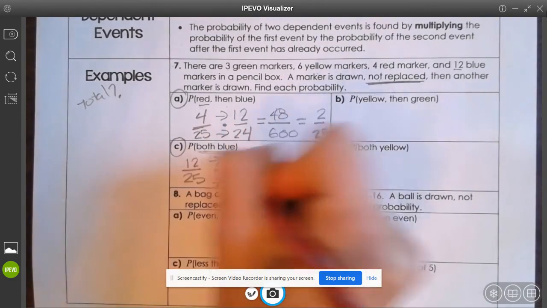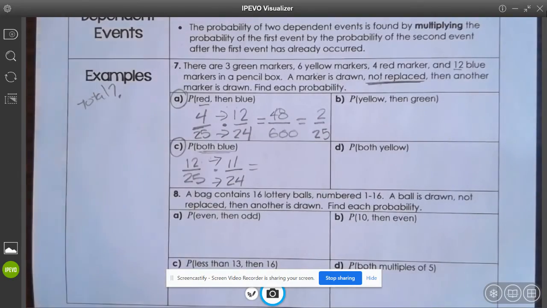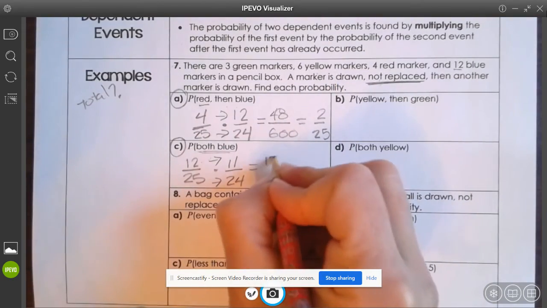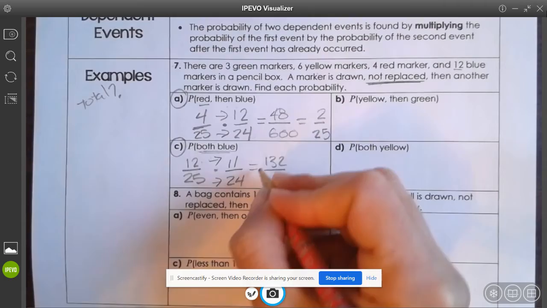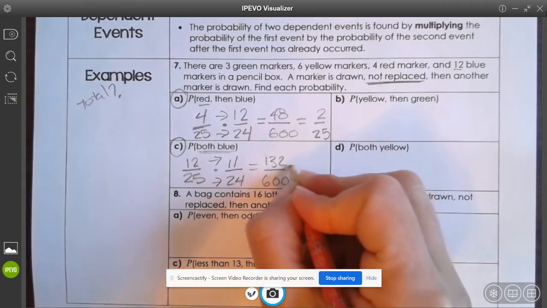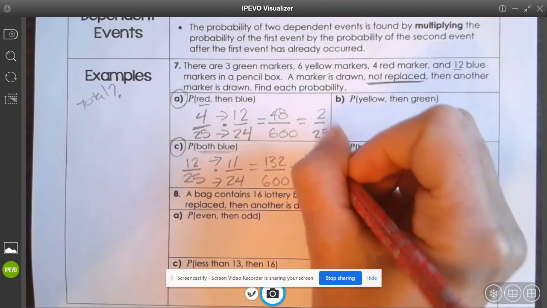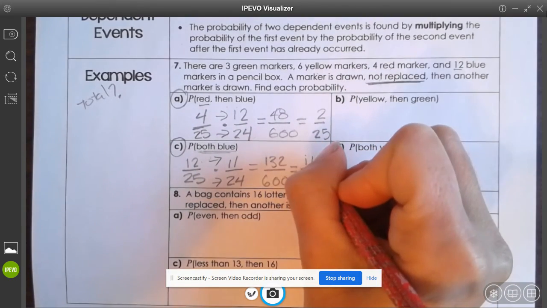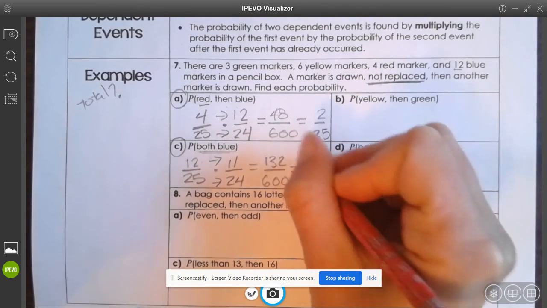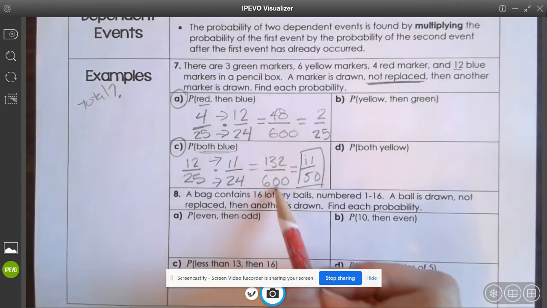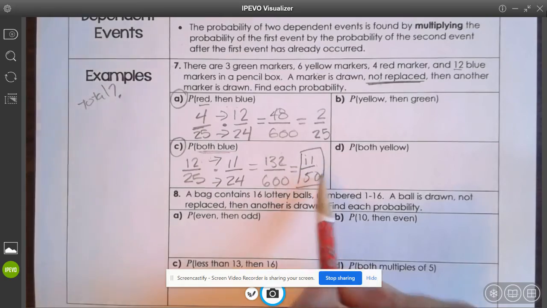And then you multiply. 2 events happening. So you get 132 over 600. You divide that, and then you get 11 over 50, which is a simplification. How do I get that? You divide the numbers by the same number.